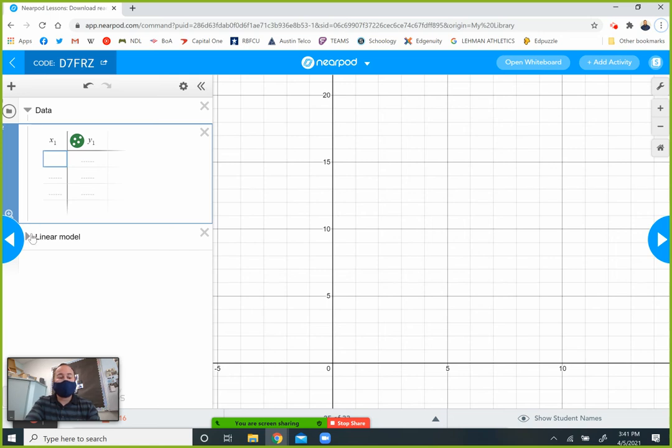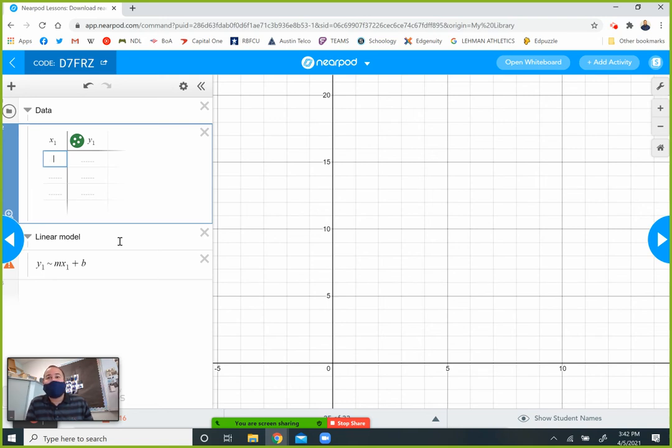It's on the screen. Once you click on the linear, it should be right there on the screen. So did you write your equation down? Click on the linear. Y equals mx plus b.